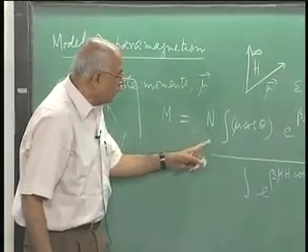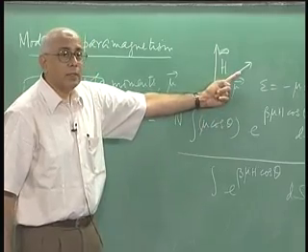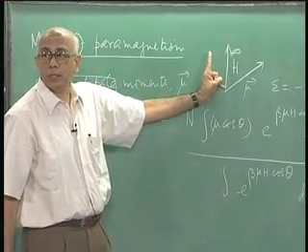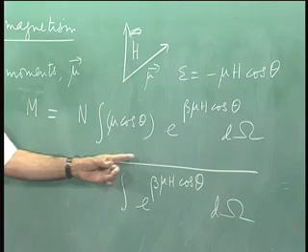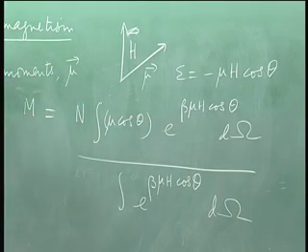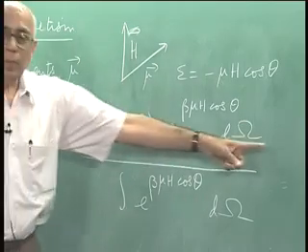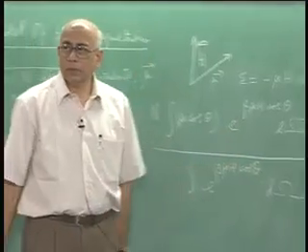So there is the n factor here, this is the contribution from a dipole pointing like this to the magnetization in this direction, that is mu cos theta multiplied by the Boltzmann factor e to the minus beta times the energy, which is equal to minus mu h cos theta, integrated over all possibilities and normalized in this fashion.